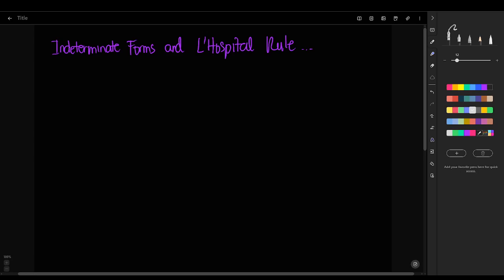So before we go to the method itself, let's have a recall back to taking the limits of an indeterminate form.